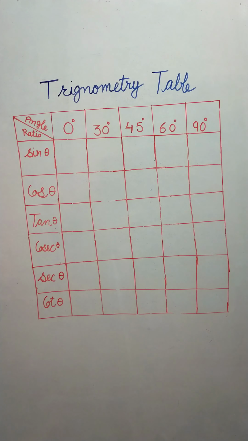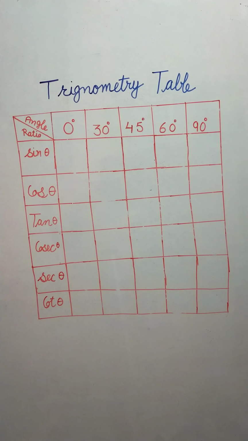Now find the square root. Square root of 0 is 0. Square root of 4 is 2. So 0 by 2, it is 0. Square root of 1 is 1 and square root of 4 is 2.